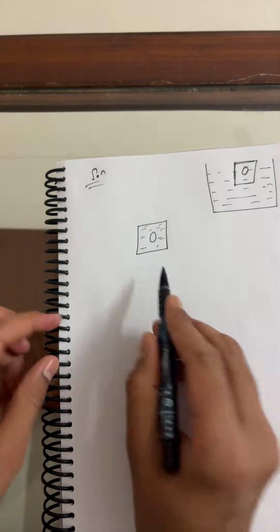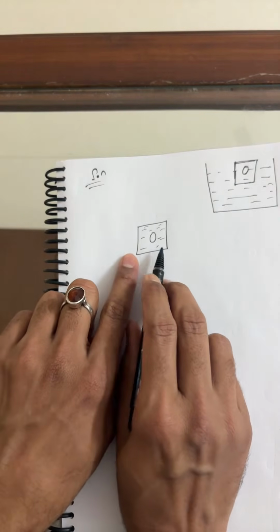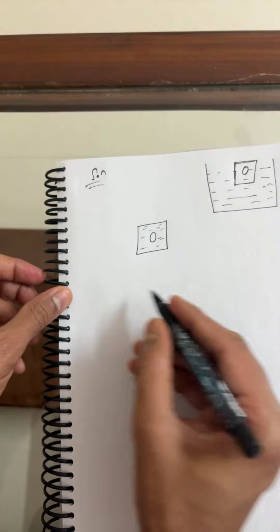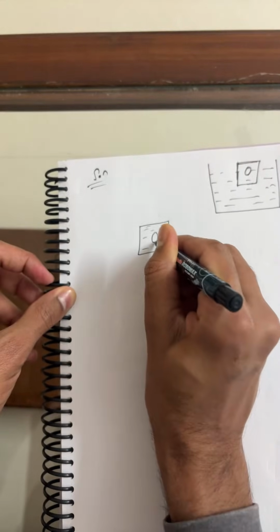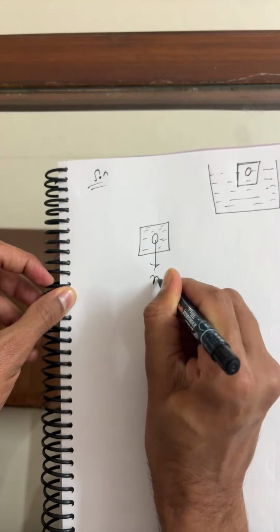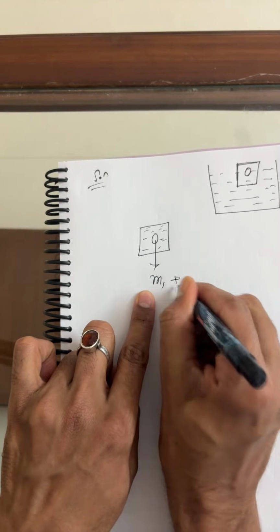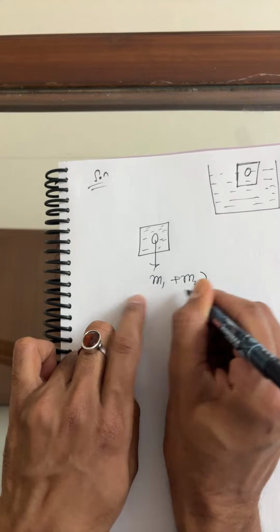Initially, I'm considering ice and stone together at equilibrium condition. Here M1 is the mass of ice and M2 is the mass of stone.